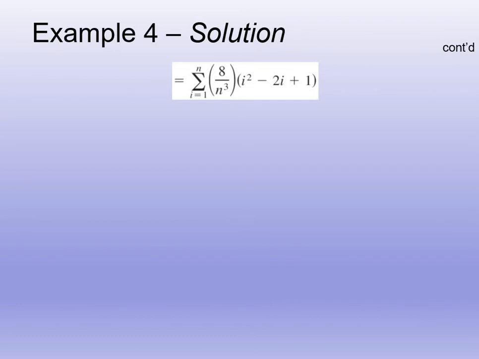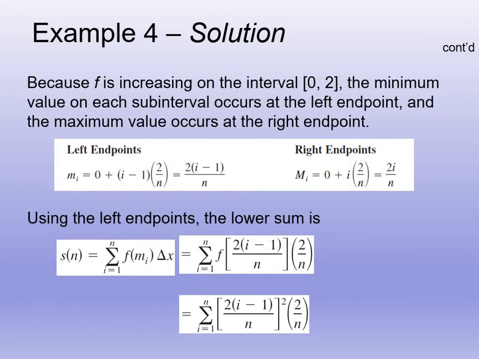Now, how do we do this in terms of n? This goes back into theorem 4.2. We have to replace i squared, we have to replace i in terms of n, and we will replace the 1 in terms of n. So that comes back to theorem 4.2, so you can pull that up as we go through this. The 8 over n cubed is just a constant that's in front. We're going to pull that out of the sum.